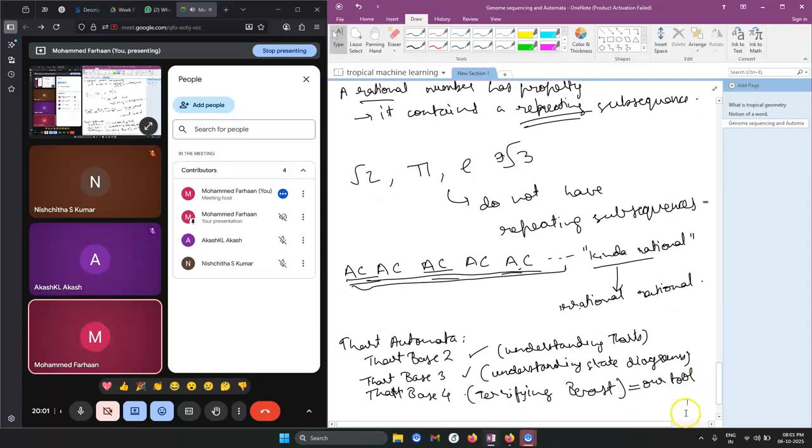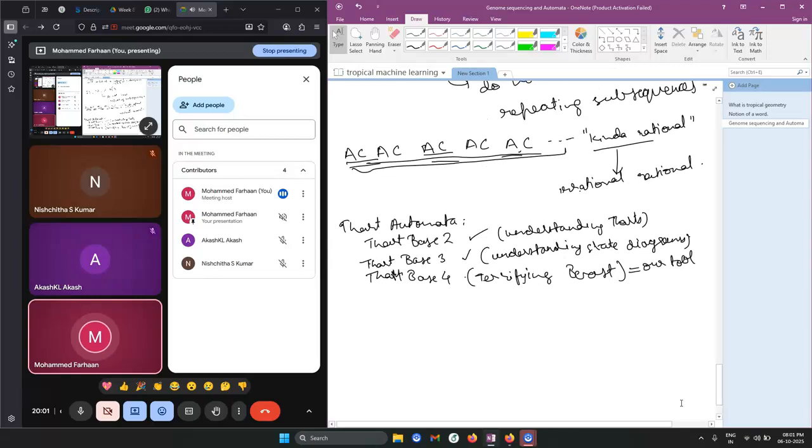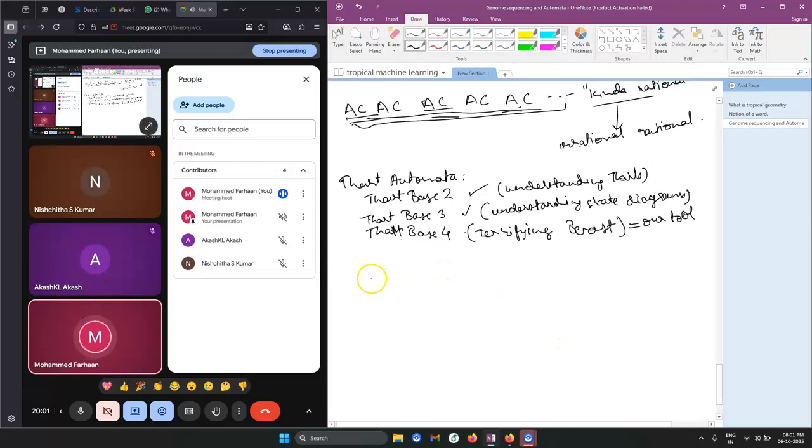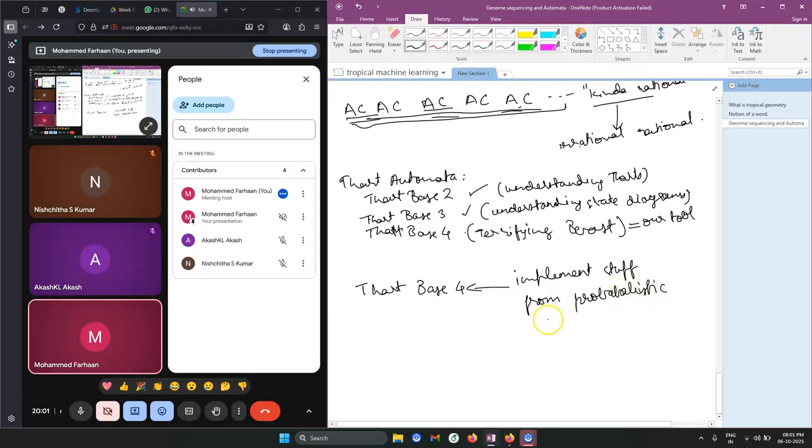Moreover, taking our third base 4, we're going to try to implement concepts from probabilistic automata. And while I'm chucking really long words at you, I may as well tell you the final goal.